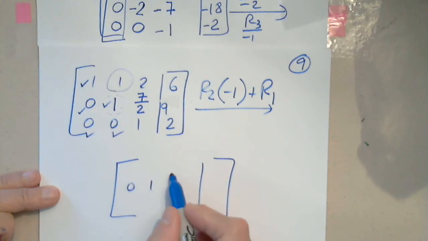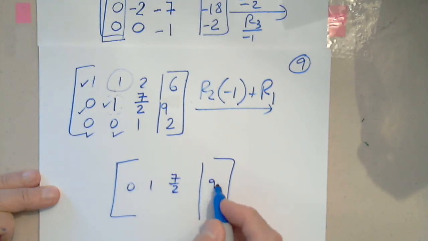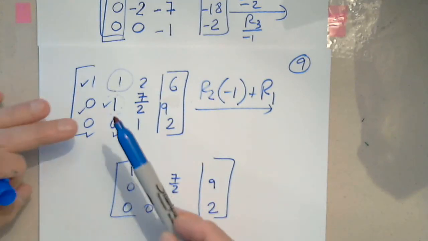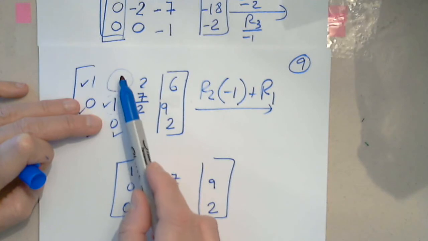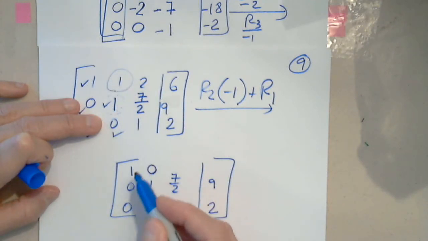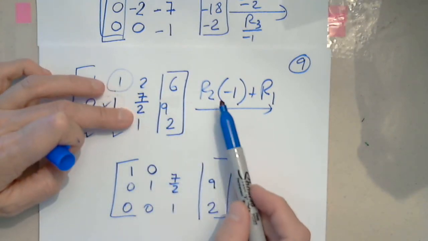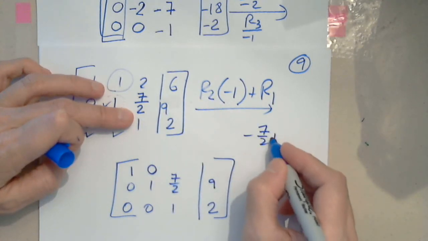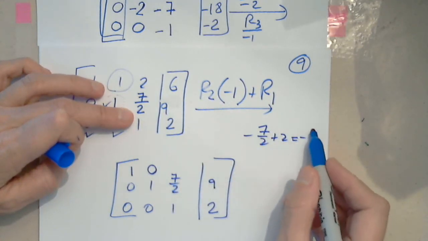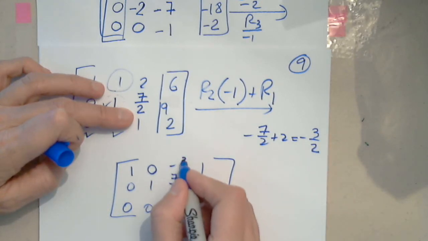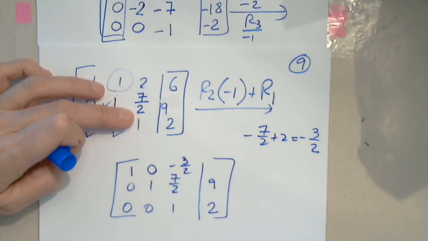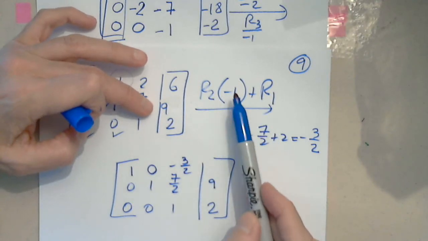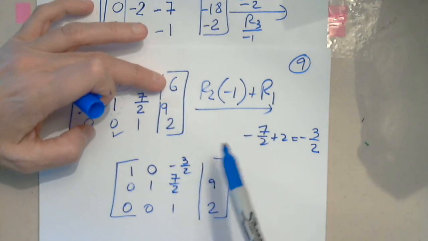So 0, 1, 7/2, 9. 0, 0, 1, 2, and 1. 1 times -1 plus 1. -7/2 plus 2 will be -3/2. And 9 times -1 is -9 plus 6 is -3.